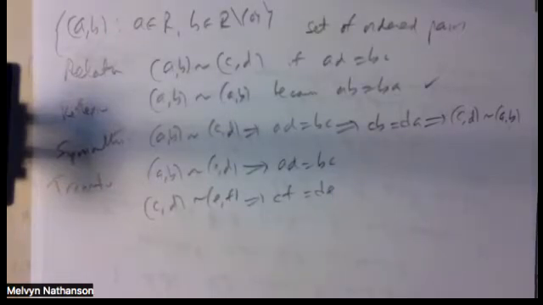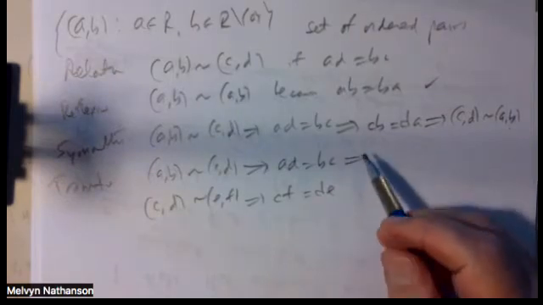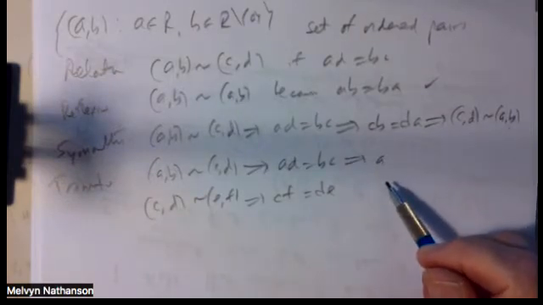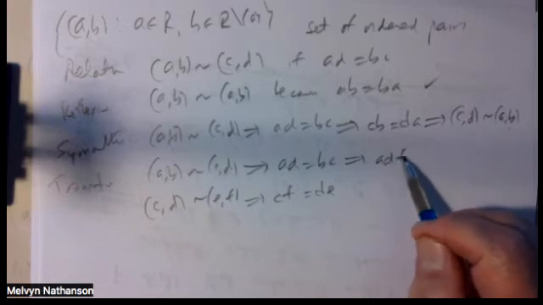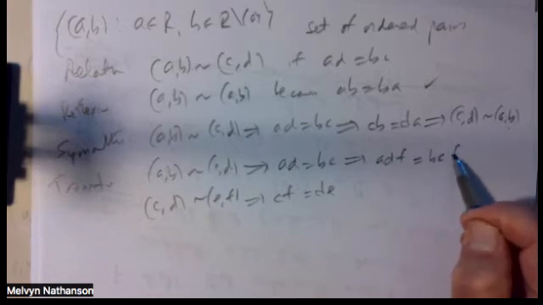So if AD equals BC, and I multiply by F, ADF equals BCF.